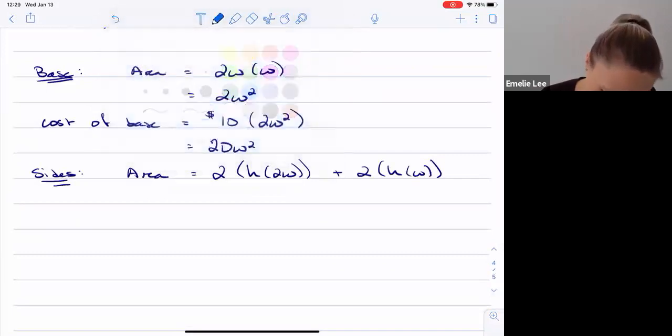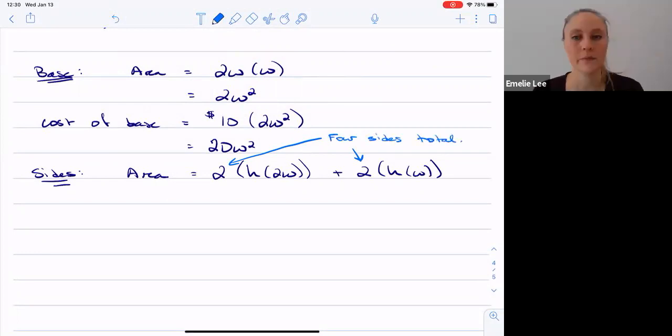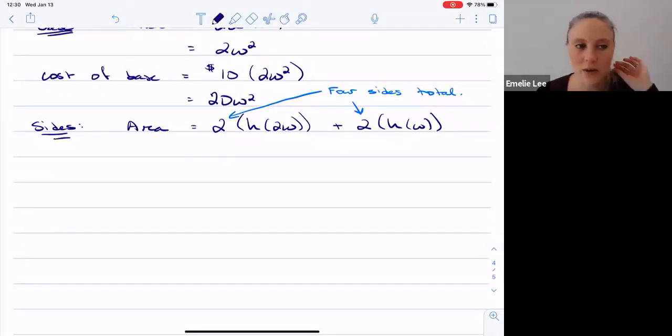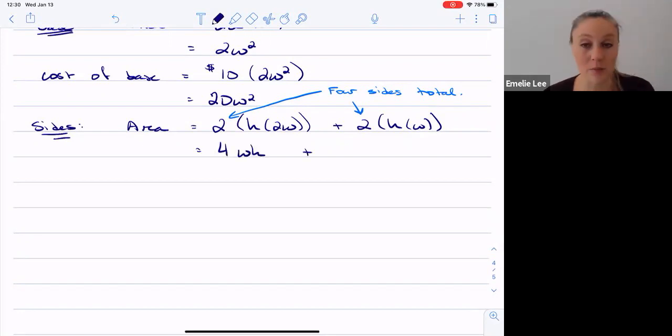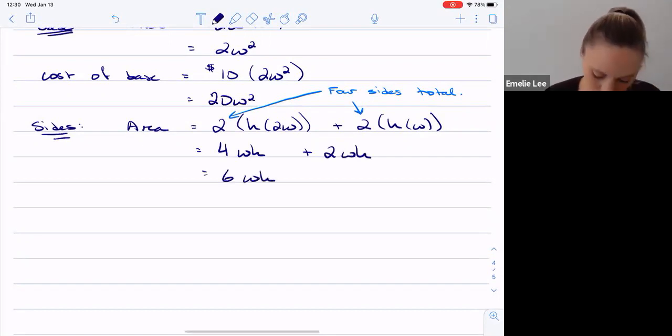We have 4 sides. So here, this 2 and this 2, 4 sides total. Now we're pretty good at expanding things like this, right? So I get 4wh plus 2wh, writing wh again just so I can see that these are like terms, which is just going to be 6wh.